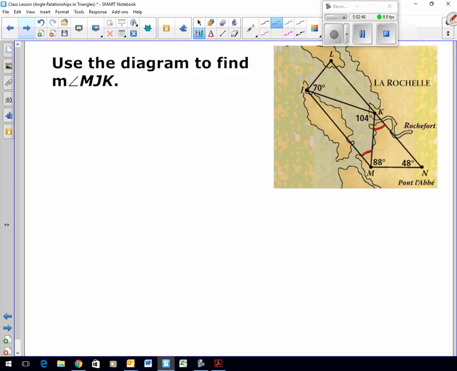Alright, check it out here. I want to find the measure of angle MJK. I've got to use my triangle sum theorem to get this information. First bit of information, that's 90 degrees. I need to find the measure of this particular angle.